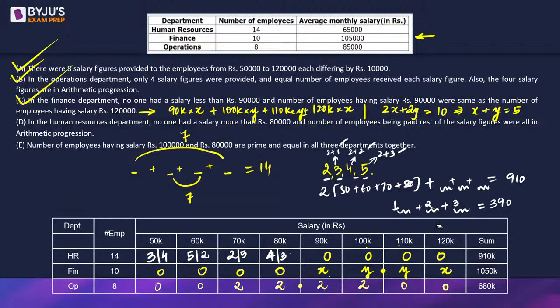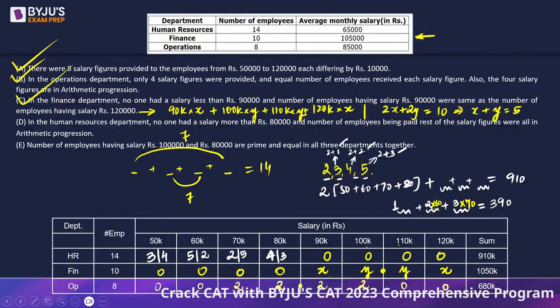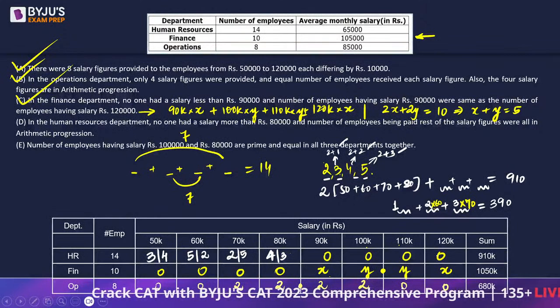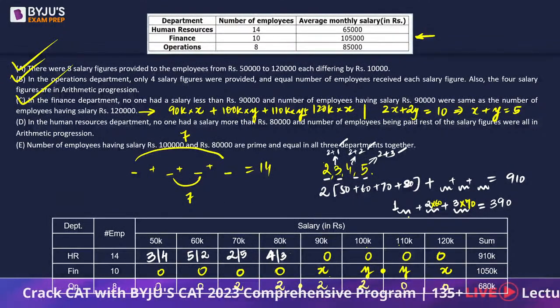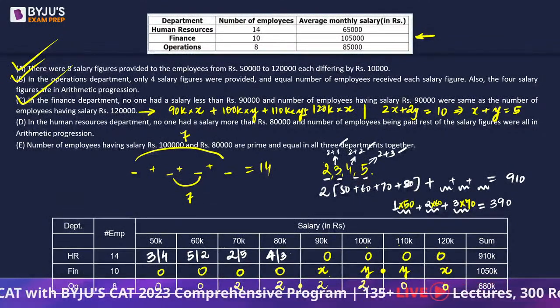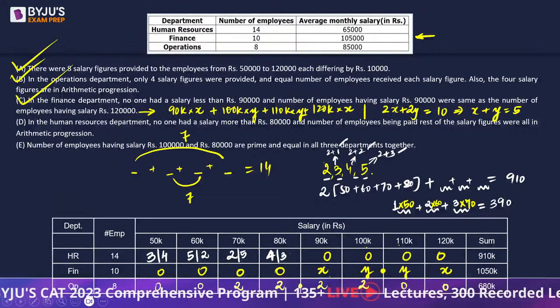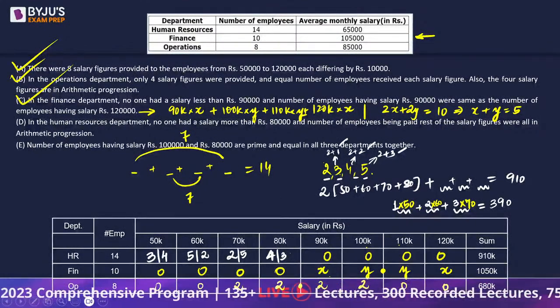ठीक है. What if 80,000 is not used at all? If 80,000 is not used at all, so we will take this as 70,000. So this is 210,000. 210,000 plus 120,000 is 330. 330 plus 50 is 380. 390 नहीं हो रहा.